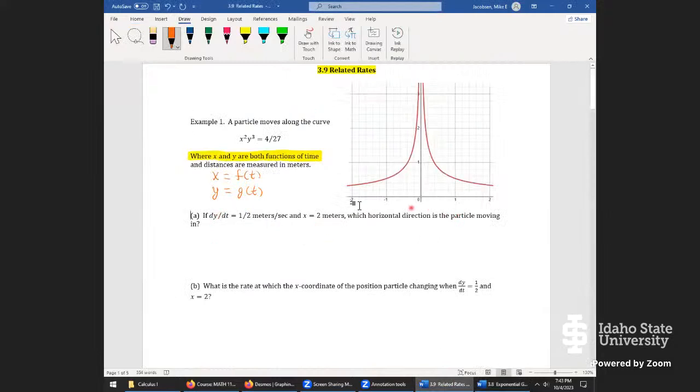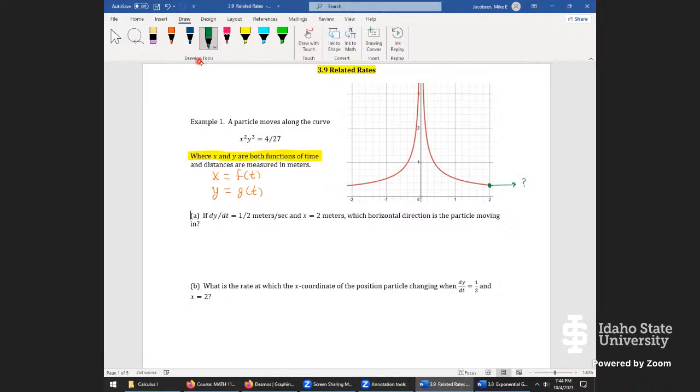So here's how we're going to analyze this. We have a derivative for the y function. All we know is it's 1/2 meters per second when x is at 2 meters. Let's put that 2 meters as a dot right here. Now they're asking the question, is that dot moving in a horizontal direction? Is it moving, say, to the right?